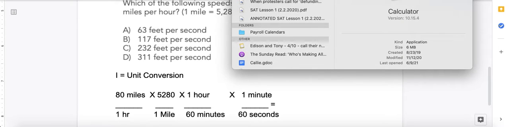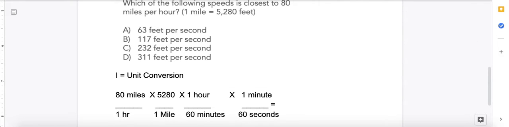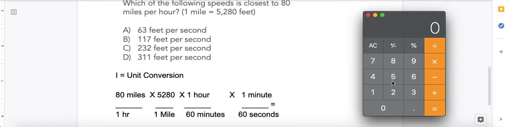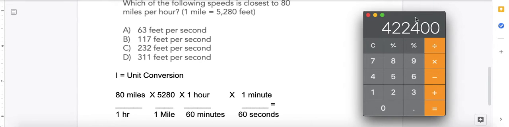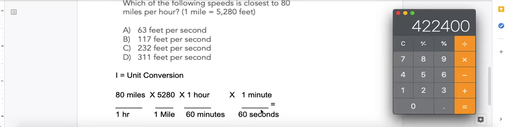Now we can simply do the math. Of course, we are wanting to multiply 5280 and 80 together. 5280 times 80 is going to give you this big number. 60 times 60, you should be able to do in your head. 6 times 6 is 36.